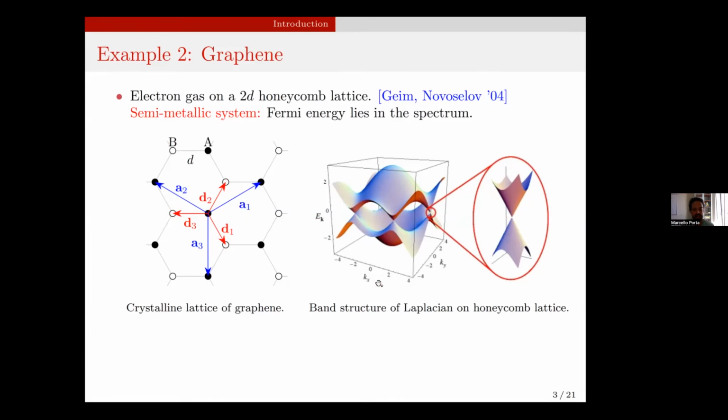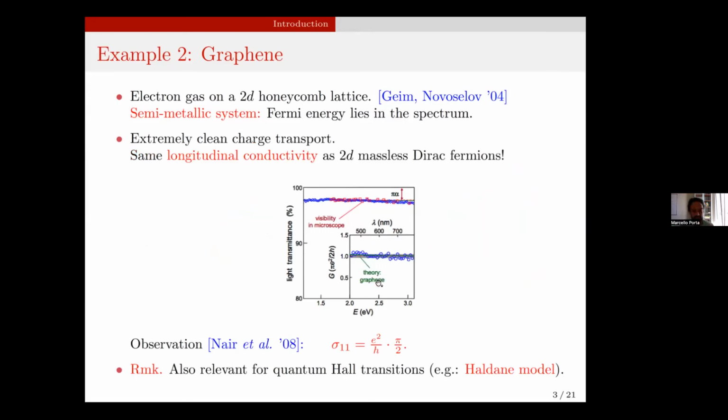Okay, so that's another type of two-dimensional system, and the remarkable observation here is about the longitudinal conductivity instead. Just in a picture, look at this smaller picture here. These are experimental measurements for the longitudinal conductivity in units of this fundamental constant. This has to be read in the sense that sigma 1,1 is actually equal to this quantity up to small fluctuations around.